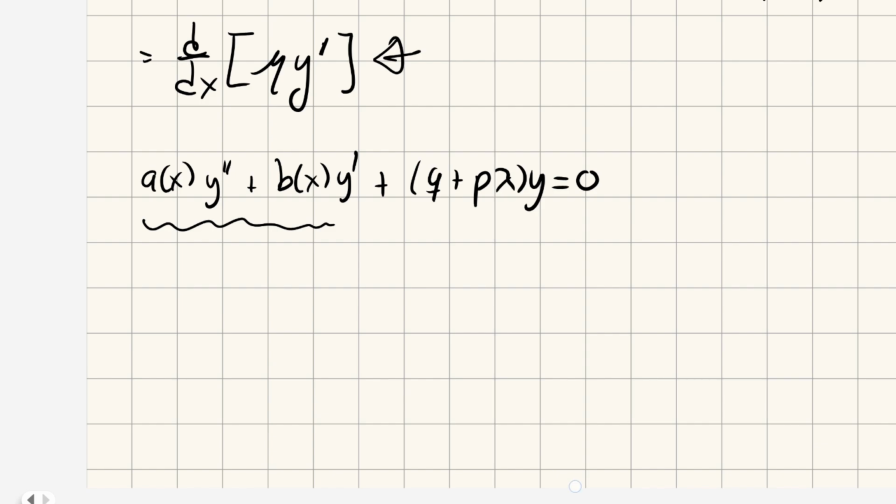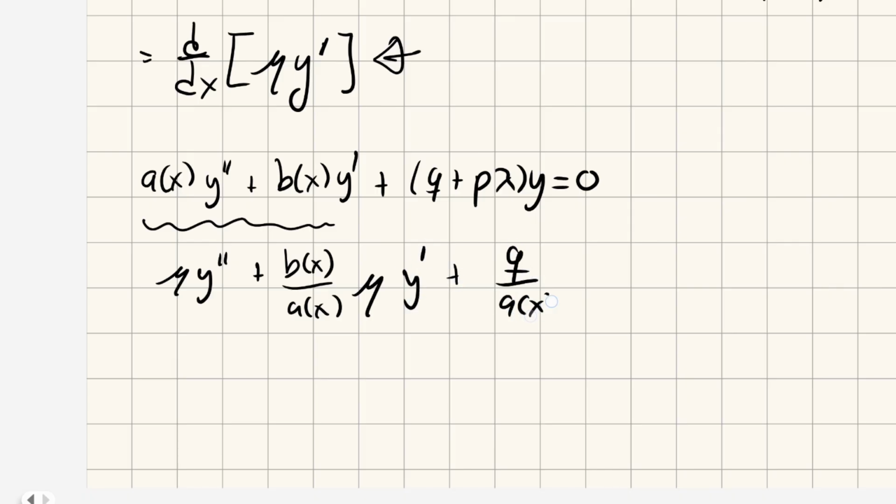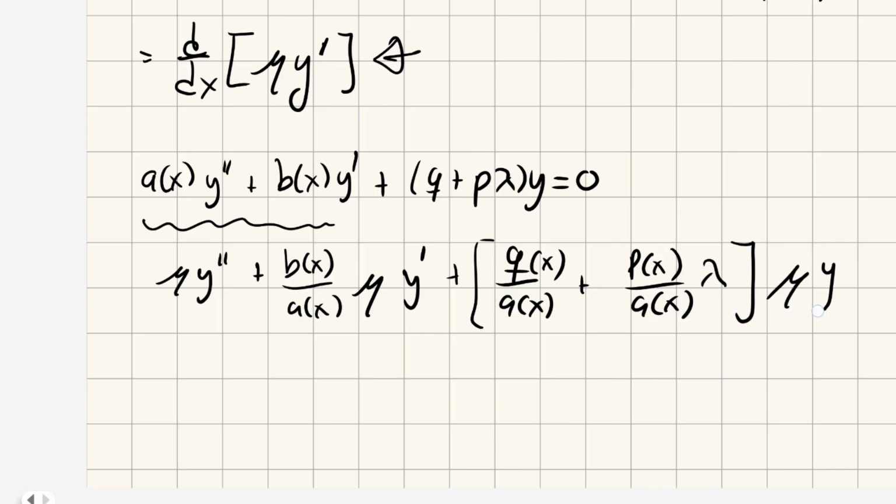So this means that, dividing by a of x, we will get mu y double prime plus b of x divided by a of x mu y prime plus q divided by a of x, like this, plus p of x divided by a of x lambda, and then mu y equals 0.